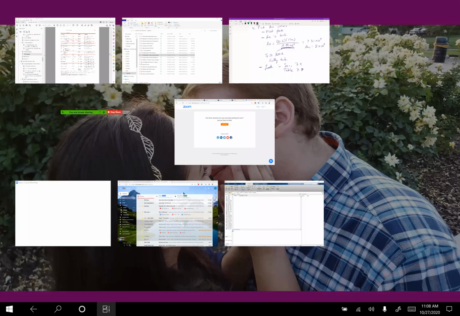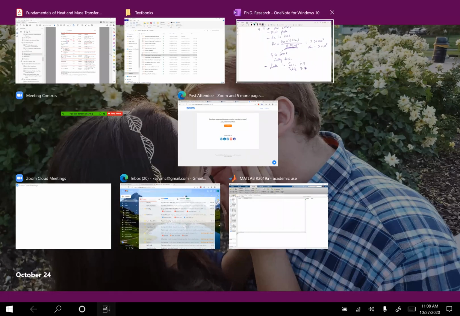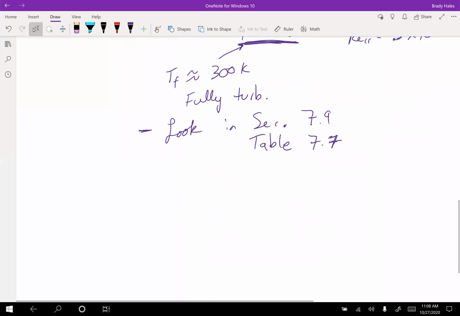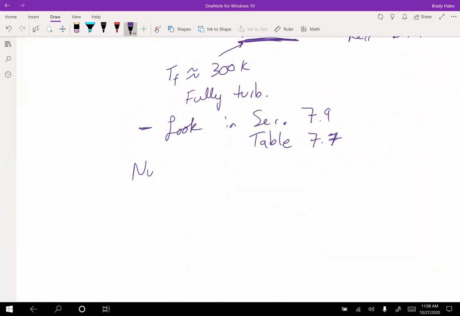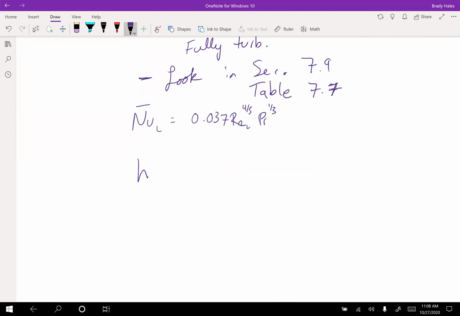So we can come back here, and we can say that the average Nusselt number is equal to 0.037 Reynolds to the 4/5 Prandtl to the 1/3. Remember that h bar L over k_f is equal to the average Nusselt number.